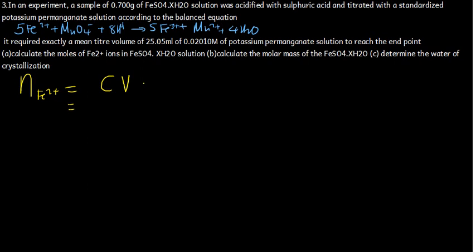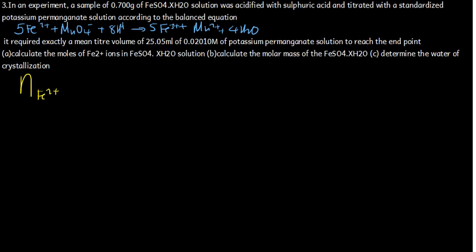So we first know the volume of potassium permanganate and also its concentration. Having known this, we can now determine the number of moles of what? Permanganate ions, before we can even find the number of moles of the iron.